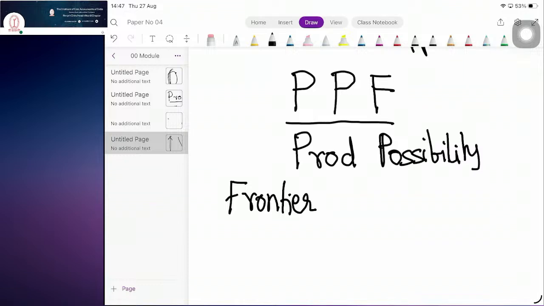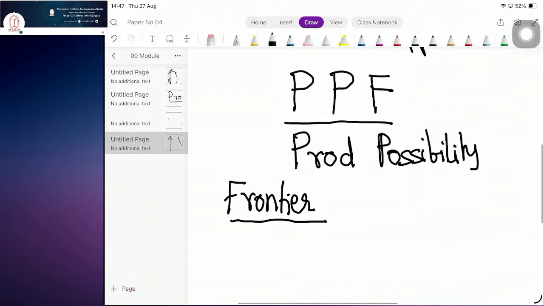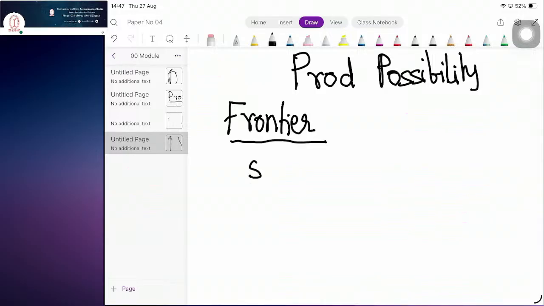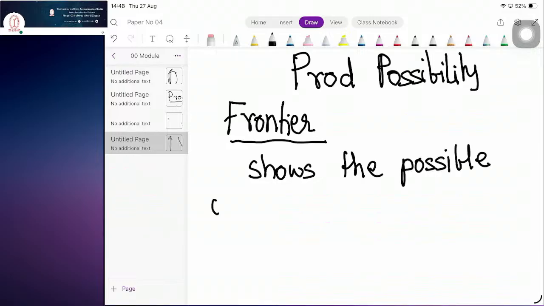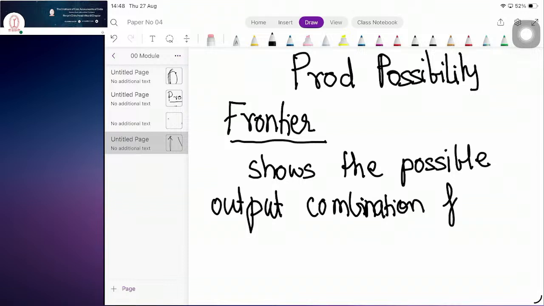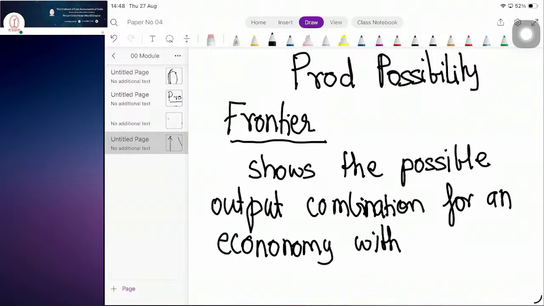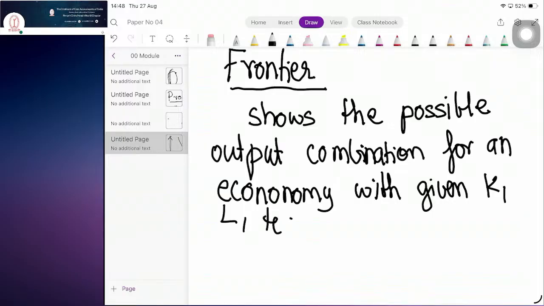At a very basic level, what is PPF? PPF shows the possible output combinations for an economy with a given capital, labor, technology, and other factors.